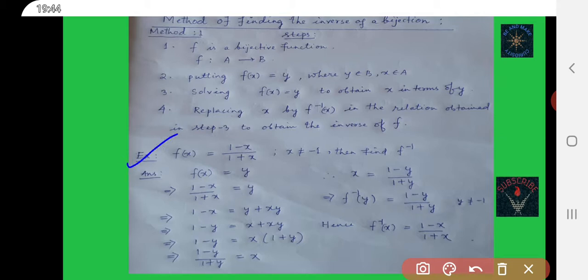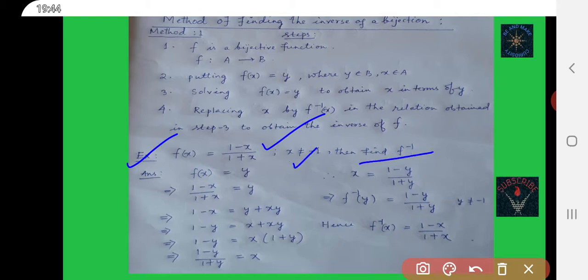Here we take an example for more clarity. Here you see f of x is equal to this function, that is (1 minus x) by (1 plus x), where x does not equal minus 1.